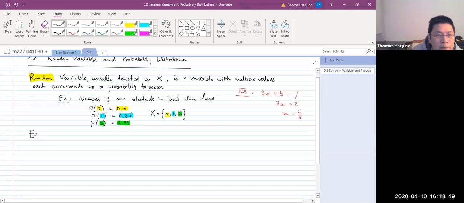Example 1. Suppose we have an experiment of tossing a fair coin twice.